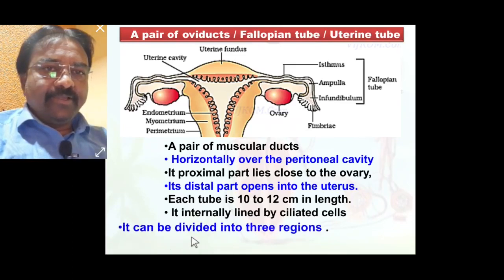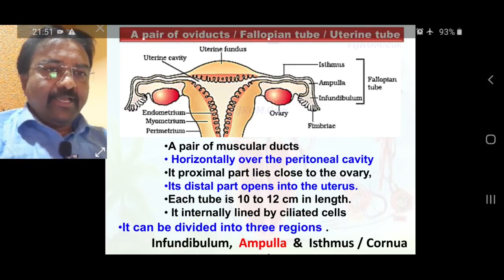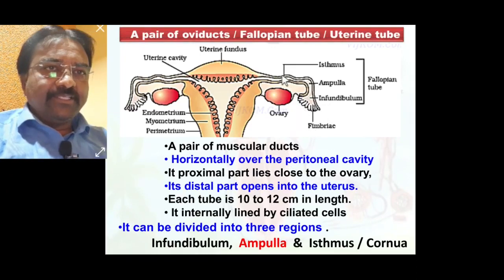The oviduct or fallopian tube can be divided into three regions. Infundibulum, the first part or proximal part of the oviduct. Ampulla, the middle region of the oviduct.